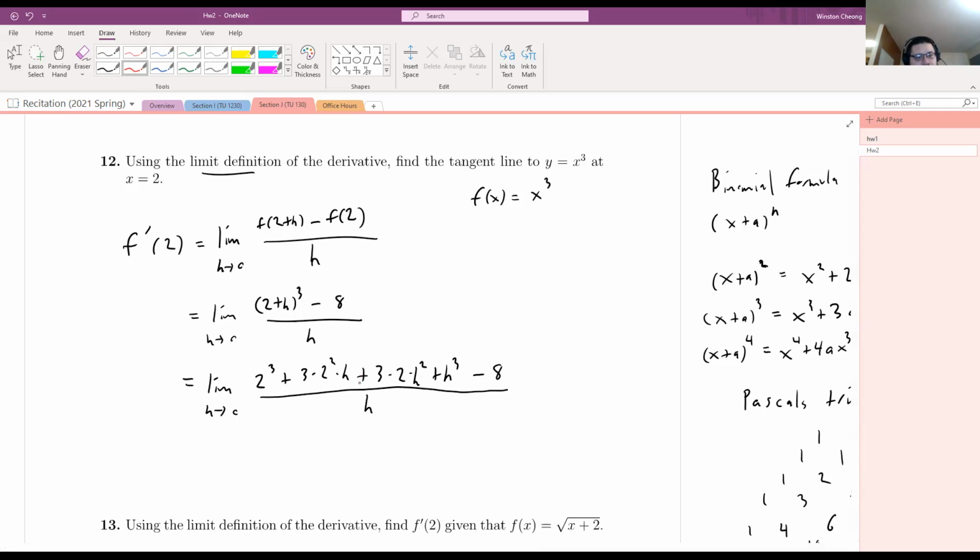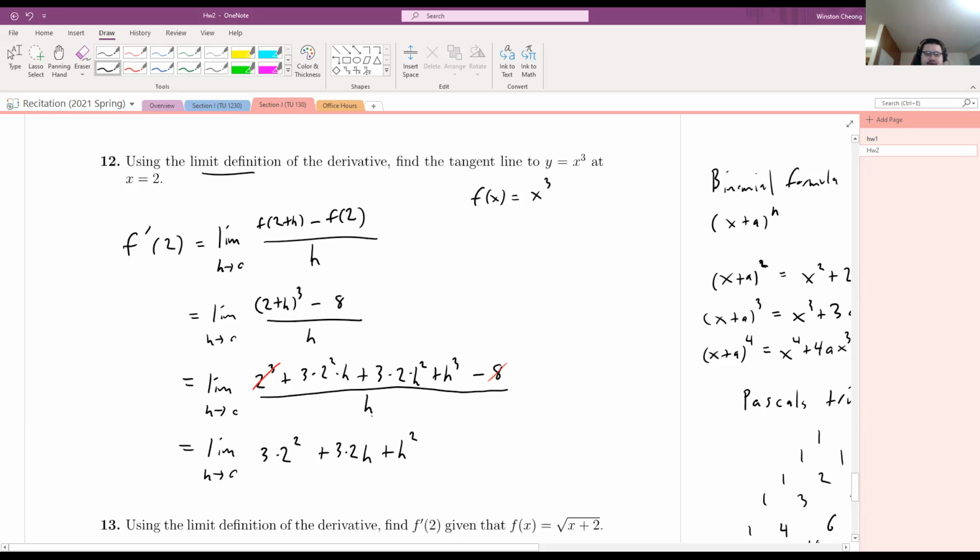Okay, and now we have some simple cancellation. Notice that the remaining 3 terms on top all have h in common, so we can cancel them with h in the denominator. We're left with 3 times 2 squared plus 3 times 2h plus h squared.